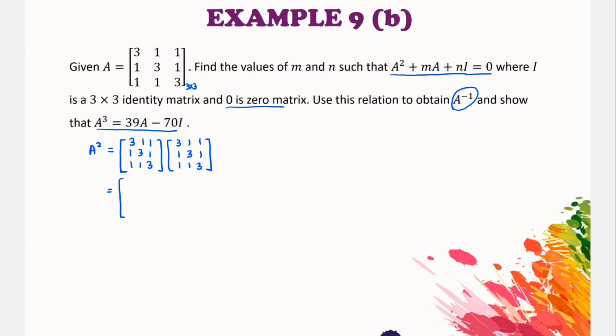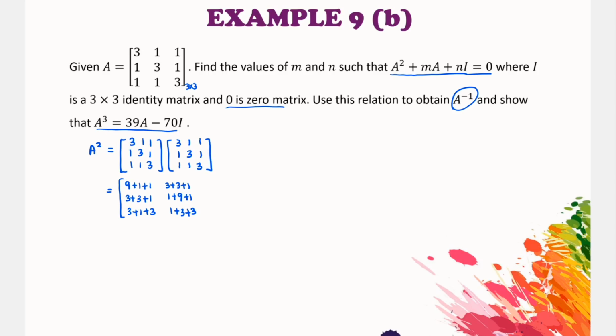3 multiplied by 3 is 9 plus 1 plus 1, and then 3 plus 3 plus 1 and 3 plus 1 plus 3. So that will be for the first column. Second column, 3 plus 3 plus 1, 1 plus 9 plus 1, and 1 plus 3 plus 3.